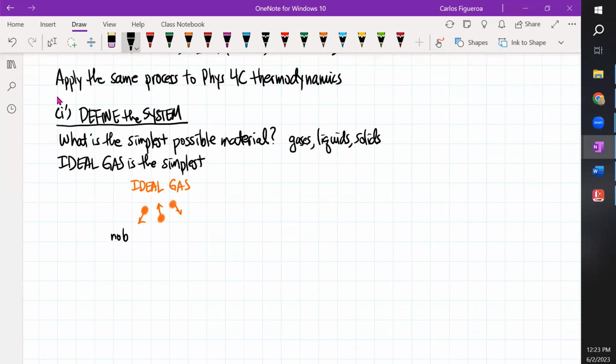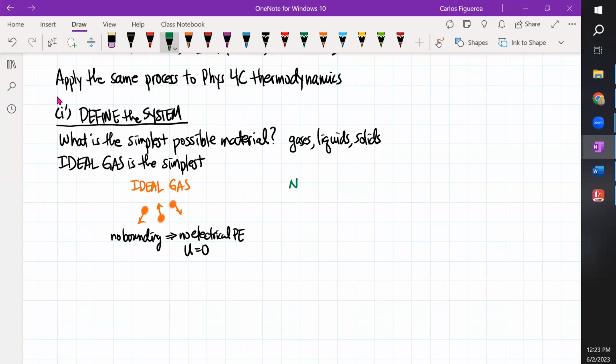There's no bonding. And if there's no bonding, that means there's no electrical potential energy. And if there's no electrical potential energy, then that means that potential energy is zero.